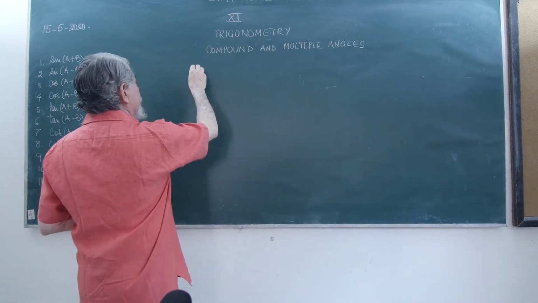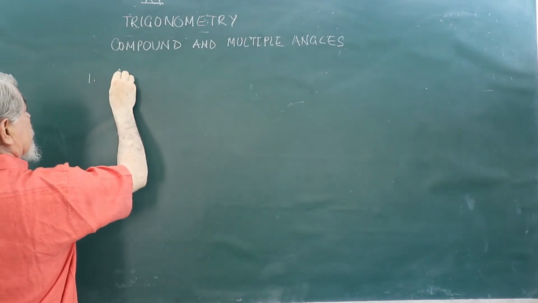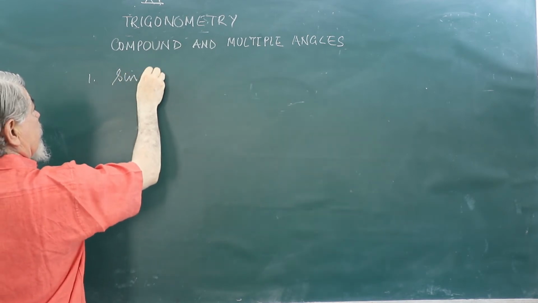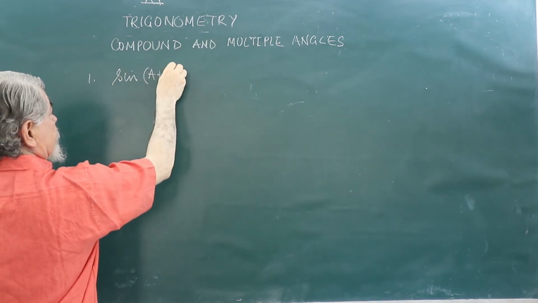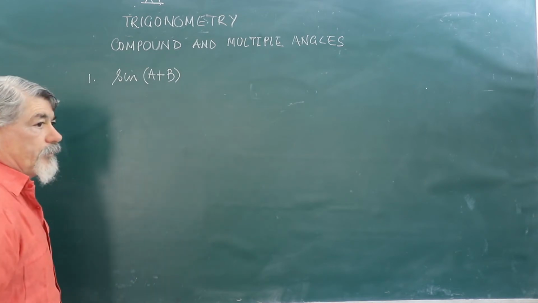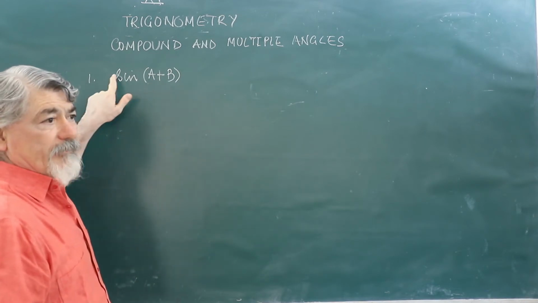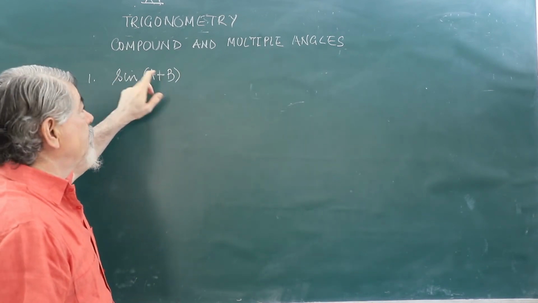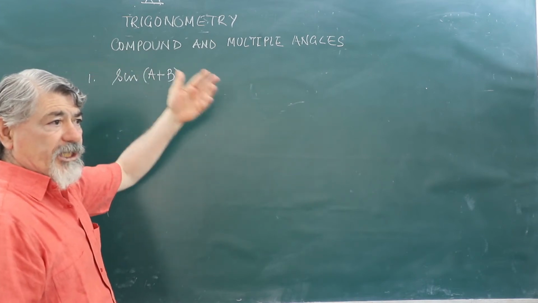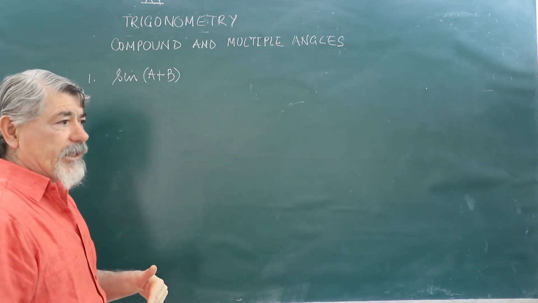For example, the first formula is sine A plus B. It is the summation of two angles, and when we take the sine of that angle, this will be useful for changing angles, for finding out angles.